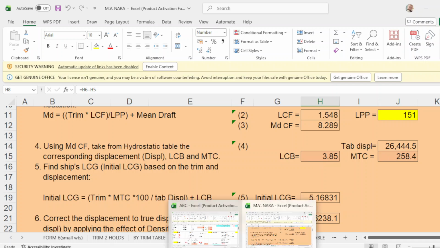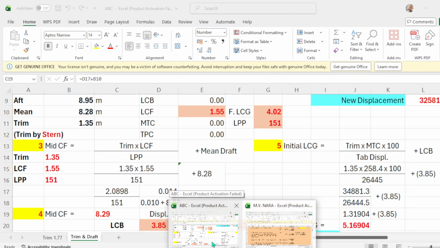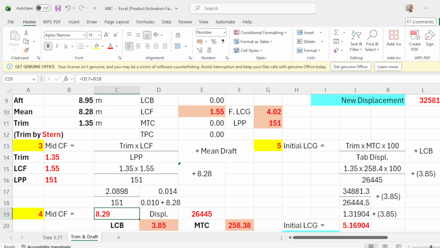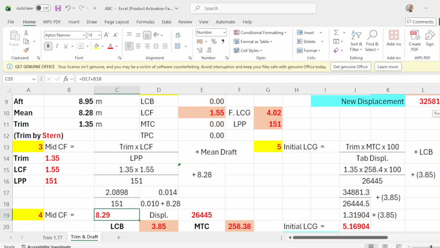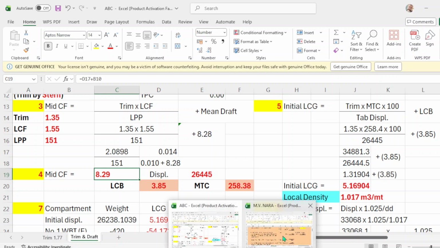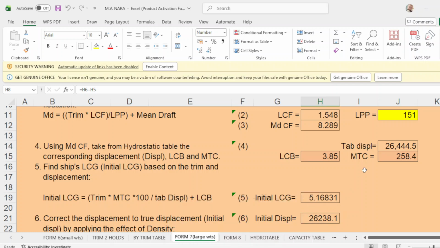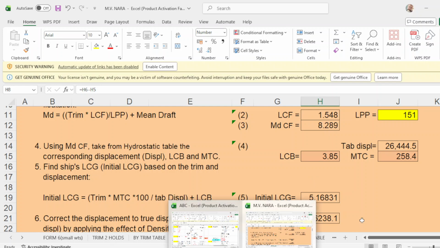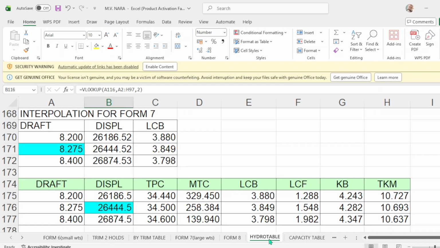So from the displacement of number 4, the displacement for 8.29 should be 26445. The program says 26444, but I got 245. Okay, we got 8.289. So 8.289, hydrostatic table.